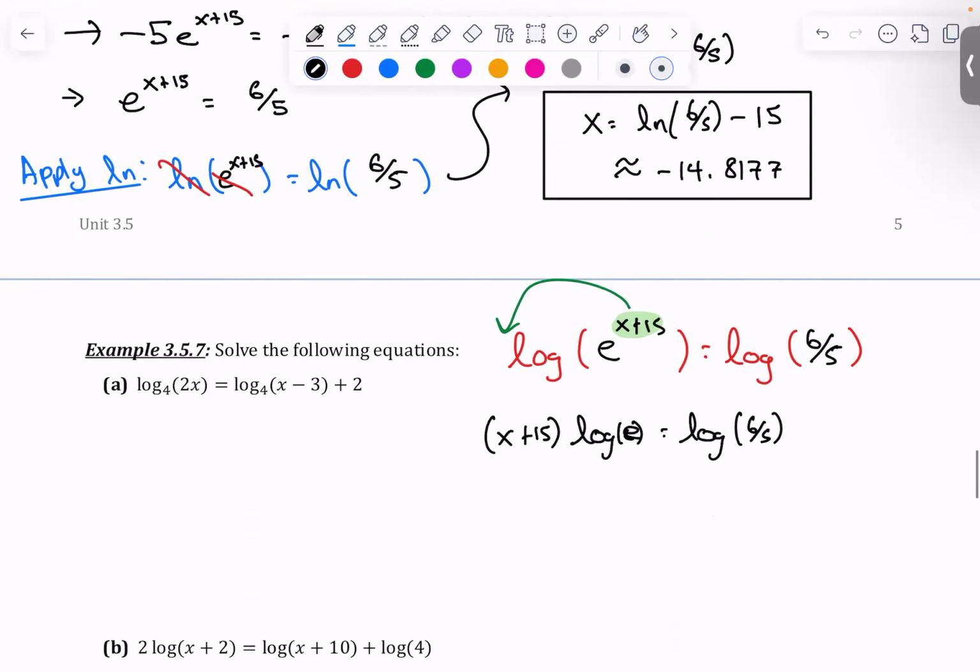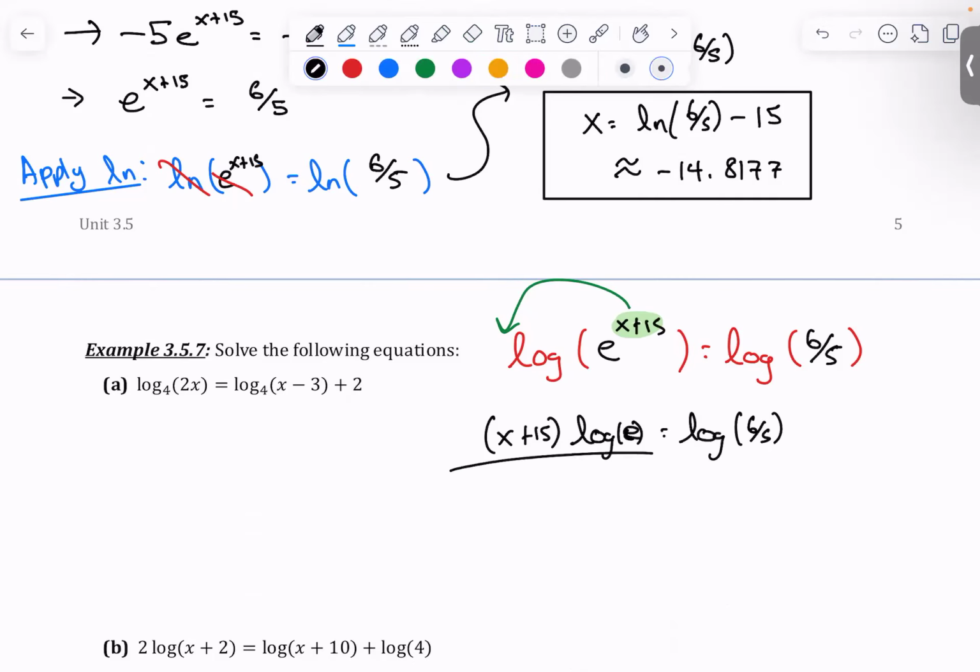Just like if we had x plus 15 times 3 equals 6/5, we could either distribute the 3 in and then solve for x, or we could divide by 3 right from the get-go. And that would cancel it on the left-hand side. We could do that and that would be faster. Regardless of how we do it, we can solve this in that fashion.